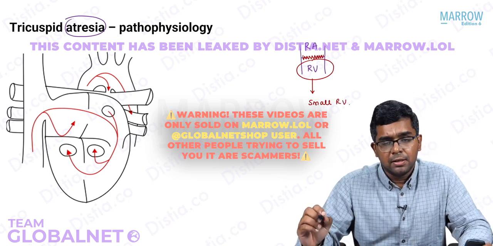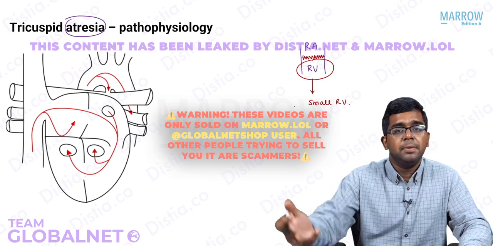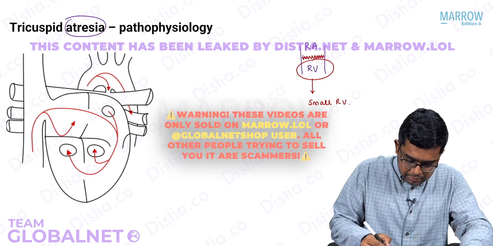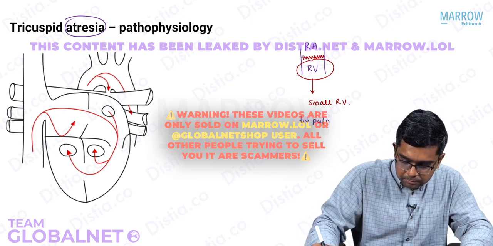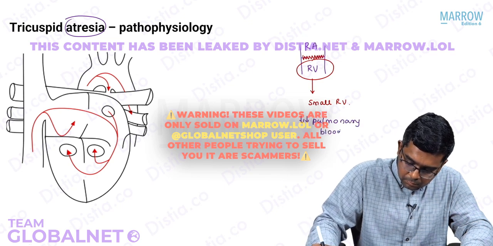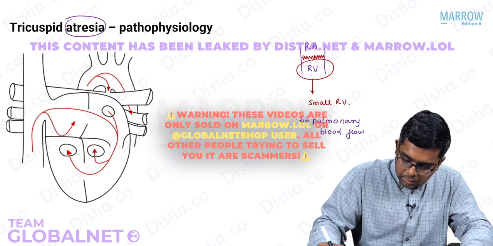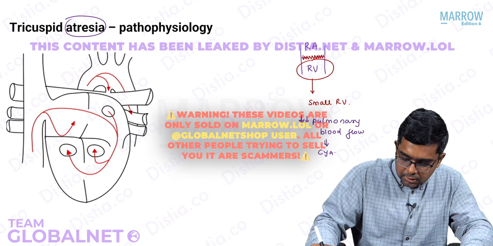Now, whenever the right ventricle is becoming small in size, it is not able to give the blood to the pulmonary artery. Are you able to follow? This results in greatly decreased pulmonary blood flow. That is one reason which is implicated in the causation of cyanosis in these patients.